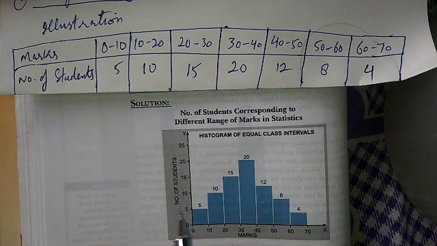You see, from 0 to 10 marks, the number of students is 5. It's shown here. From 10 to 20, the number of students is 10. From 20 to 30, the number of students is 15. From 30 to 40, the number of students is 20. From 40 to 50, it is 12, and so on.